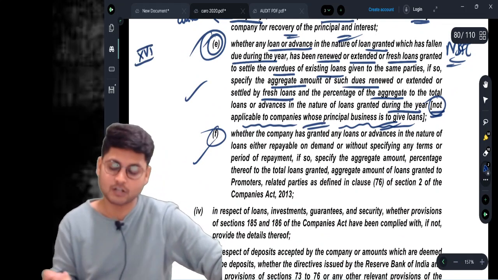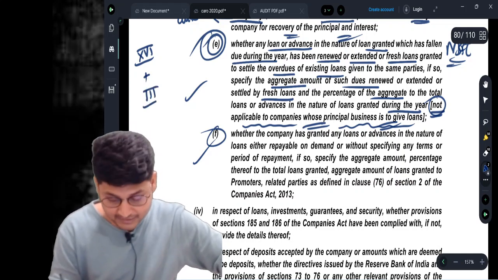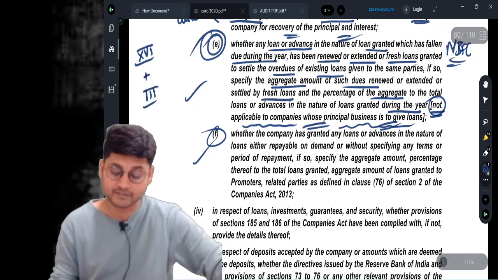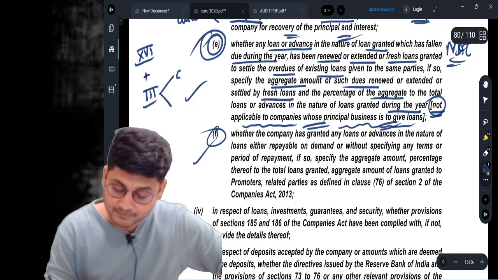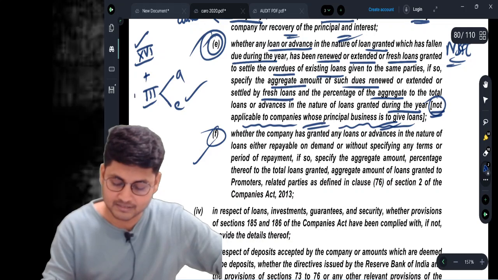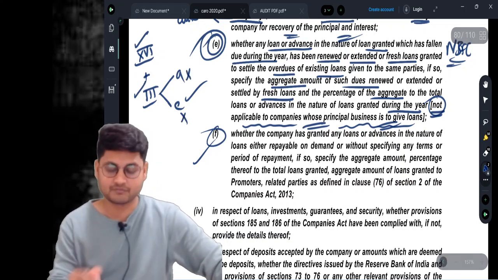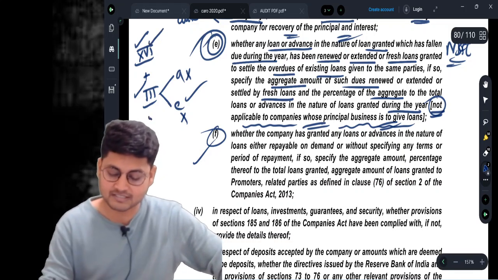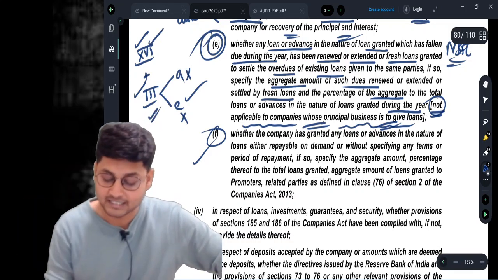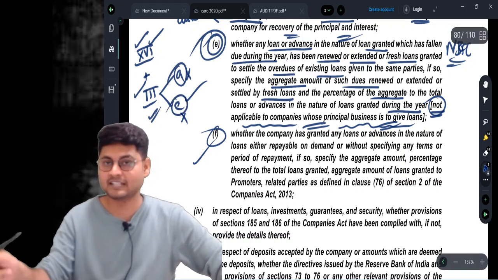And along with that, clause number 3 is also applicable. However, in clause number 3, subclause numbers A and E are not applicable. This is applicable, but these two are not applicable, because specifically it is mentioned here.